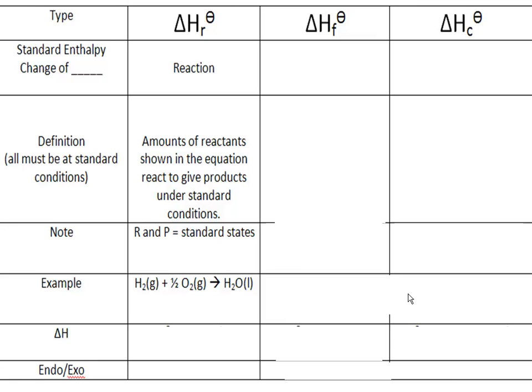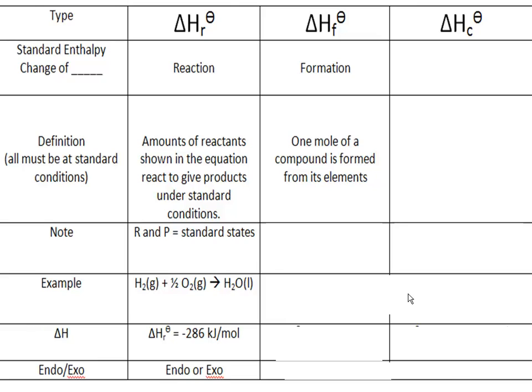An example would be a simple reaction of hydrogen and oxygen. This also could be a combustion reaction. Delta H is, in this case, negative 286 for production of water. And it can either be endo or exothermic. It just depends if it's a positive heat change or a negative.